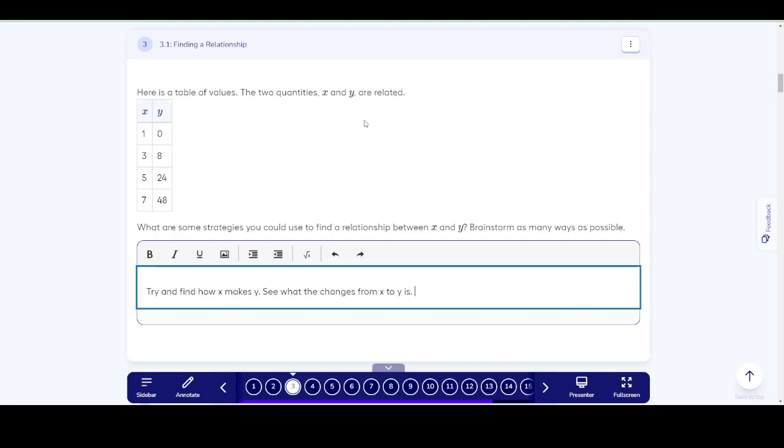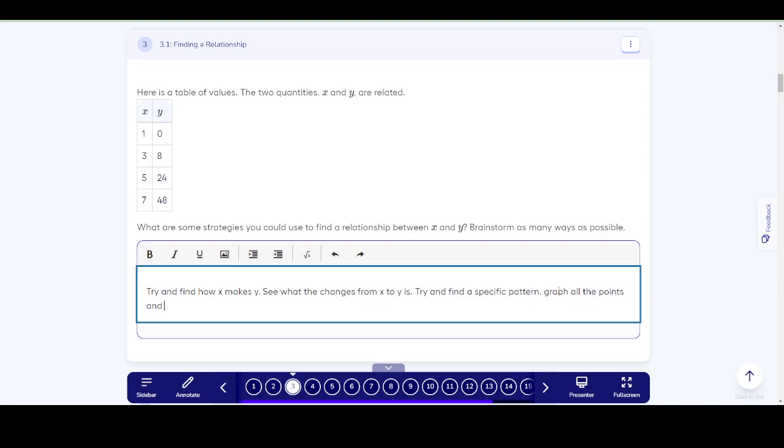We can see a specific pattern, try and find a specific pattern. What else can we do? Finding a relationship. We can also plot or graph all the points and see how the graph makes a relationship.